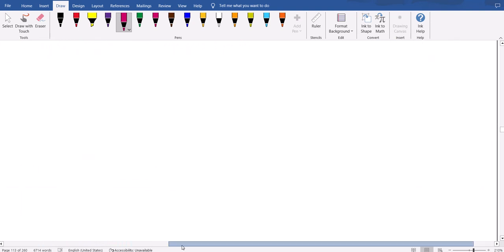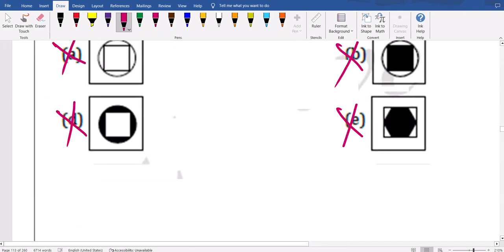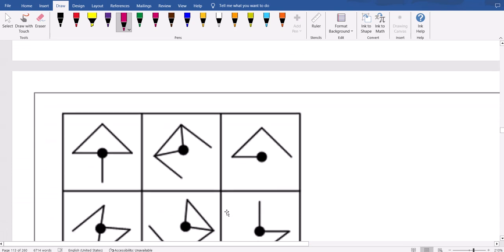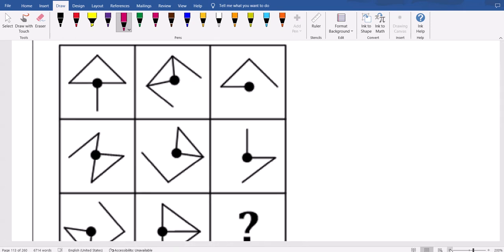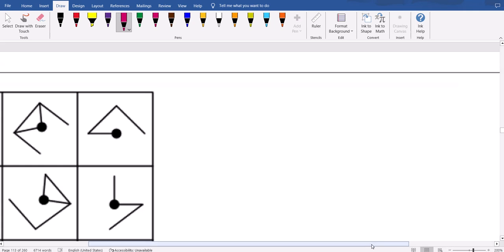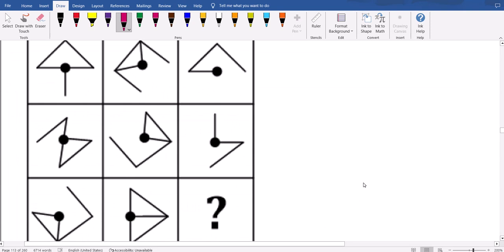Now let's move to the next one. They may give some new questions also. You should be ready for what types of logic to handle. Now here, guys, see this shape. If you focus on these two diagrams, row wise or column wise, most of the questions you can see row wise to understand in a better way.